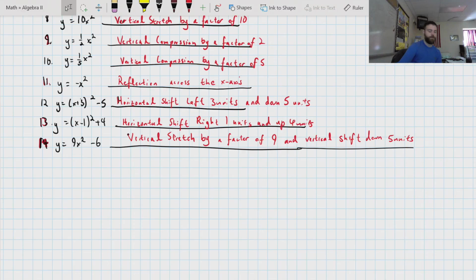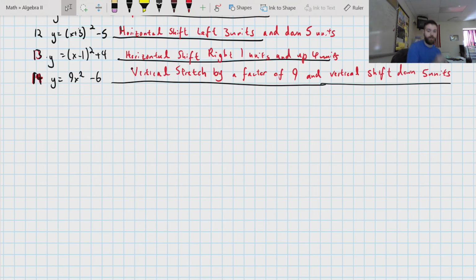So we'll do one more, and then I'll leave the rest for you to do on your own if you so desire. And what I suggest you do is just for the others, before you check with your graphing calculator, see if you can figure out where it's going to move.